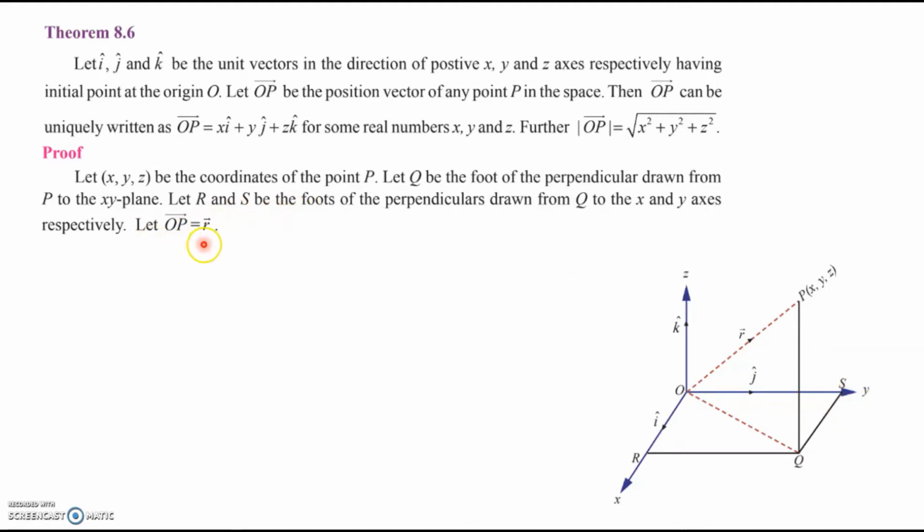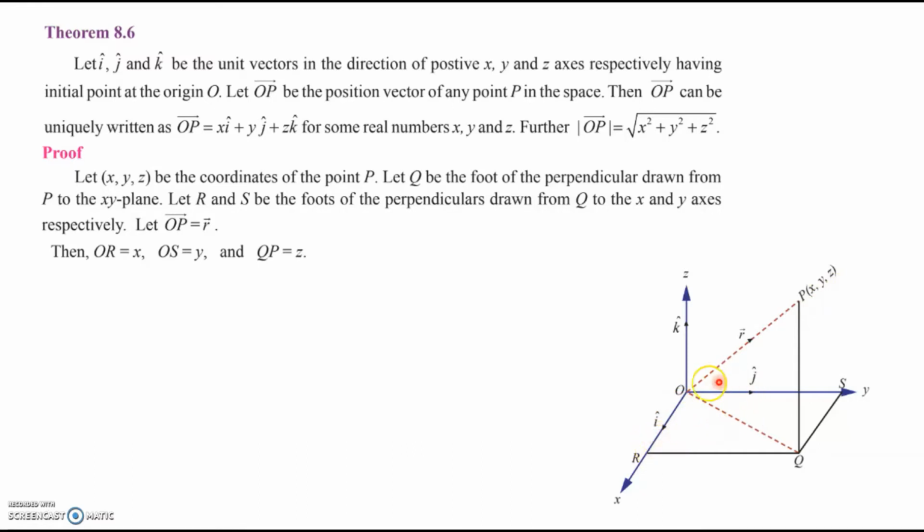Let OP be defined as vector r. So we're going to define this vector OP as vector r. Further, we can notice that our OR length will be x. Why? Because the coordinates are x, y and z, so this length we know would be x.